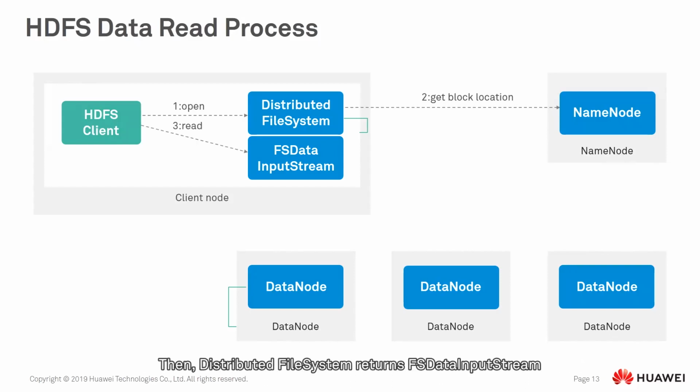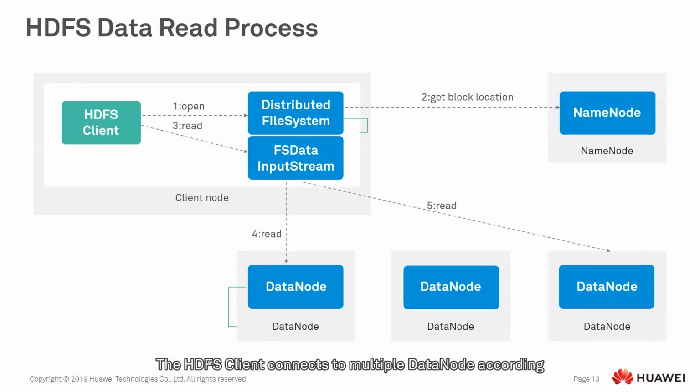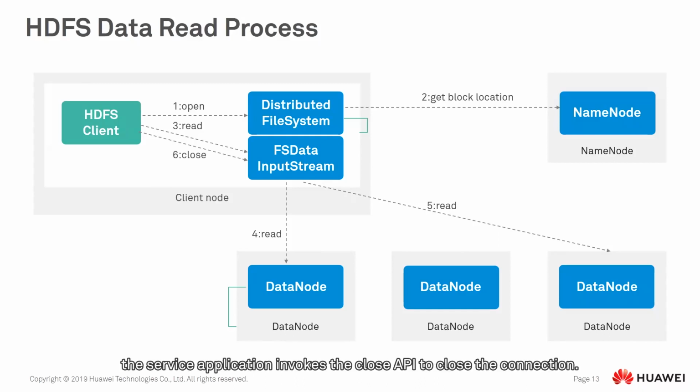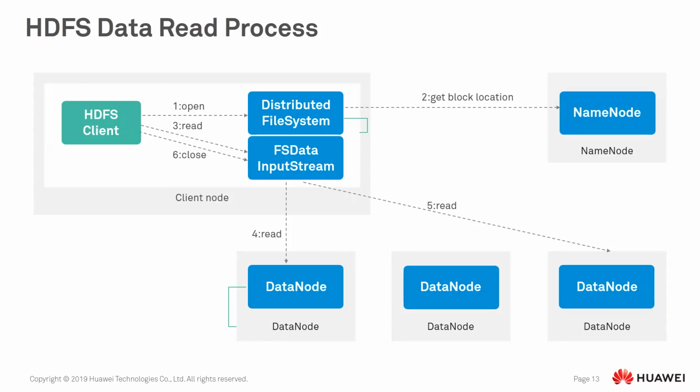Then, distributed file system returns FS data input stream to the HDFS client for the client to read data. The HDFS client connects to multiple data nodes according to the information obtained from the name node. After data reading is complete, the service application invokes the close API to close the connection.